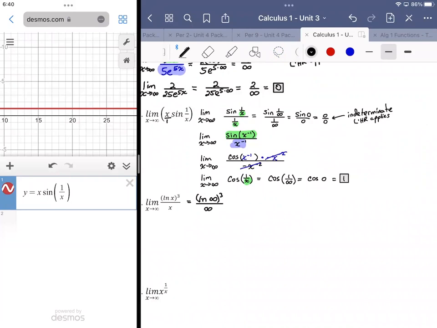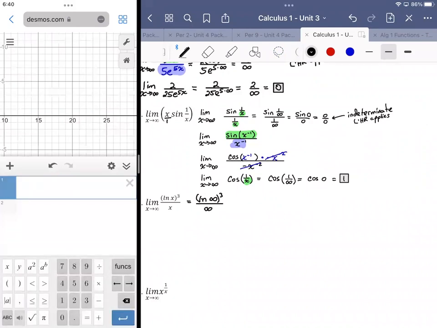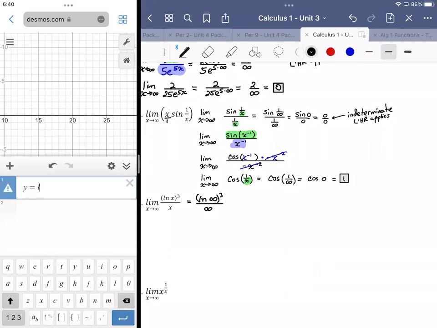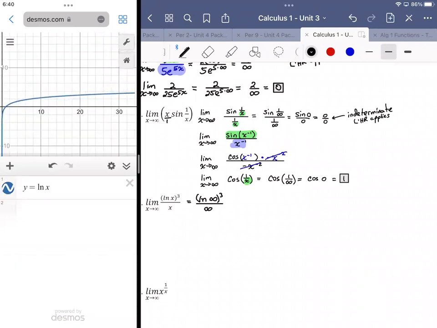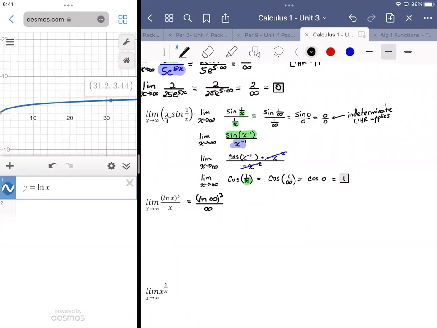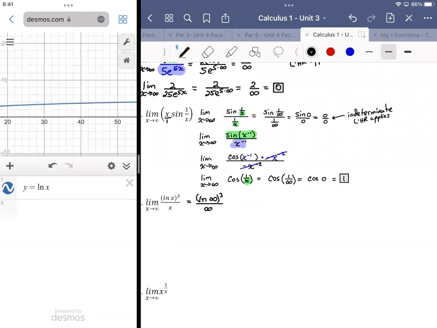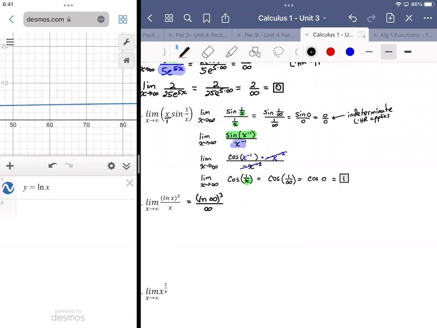The simple natural log function looks like the kind of function that levels off, but it doesn't. It increases forever, just at a very slow rate.